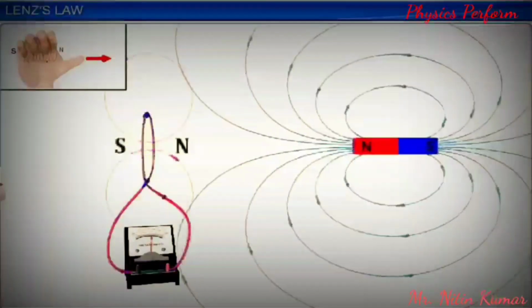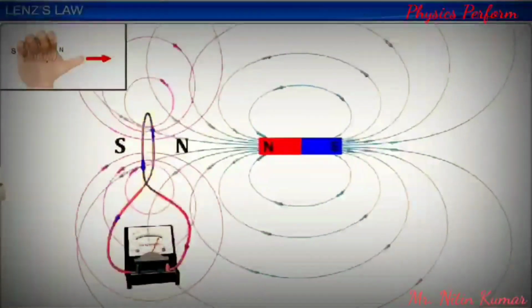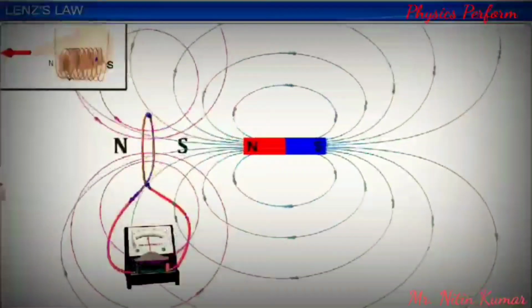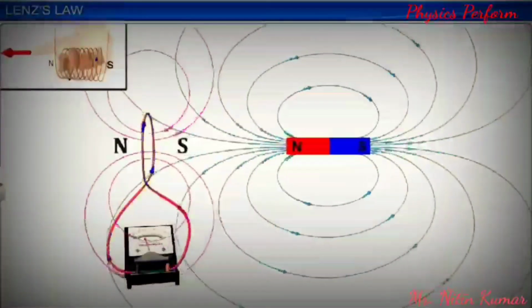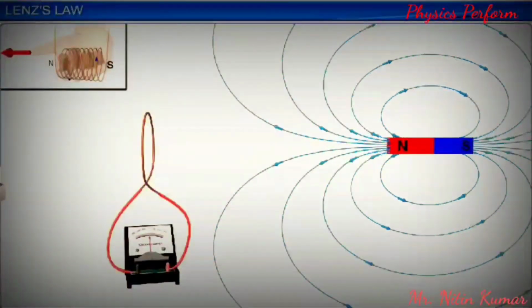Let us look at Faraday's experiments and apply Lenz's law to them to identify the polarity of the induced EMF and the direction of induced current in the coil. In this experiment, the coil, which is connected to a galvanometer, is at rest.